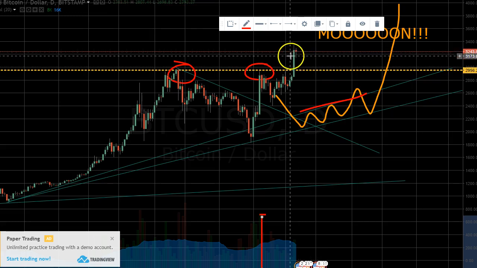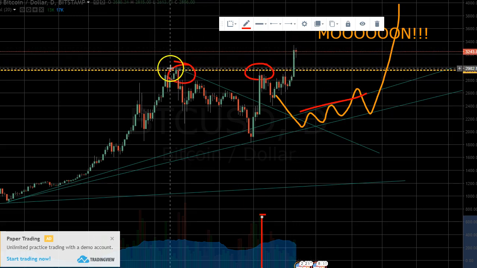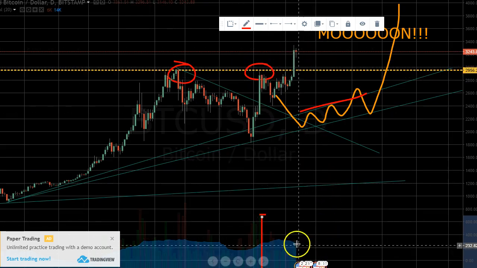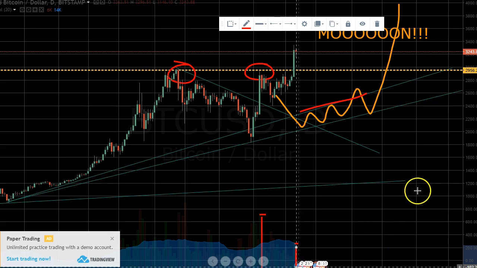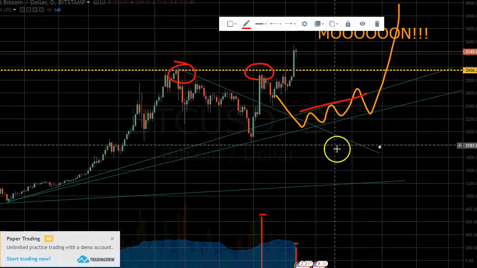In contrast, if we look at this move up this time that ended up breaking through the resistance line here, the volume is about right here, and the bar goes down from here. So what does that tell me?